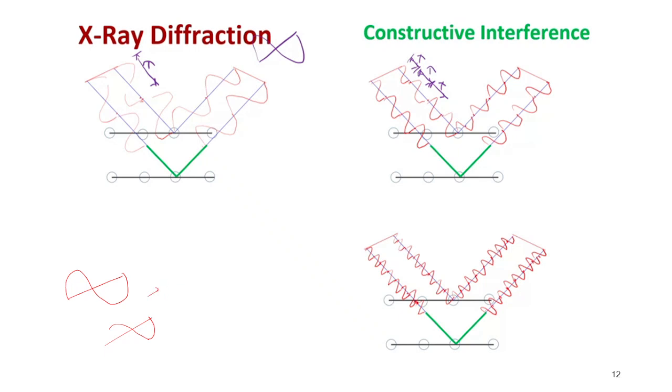Say for example, we know the Bragg's formula, right? n lambda is equal to 2d sine theta.